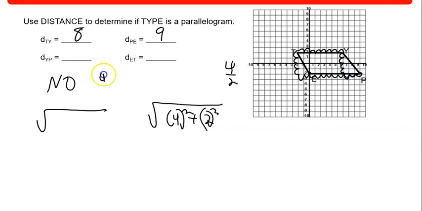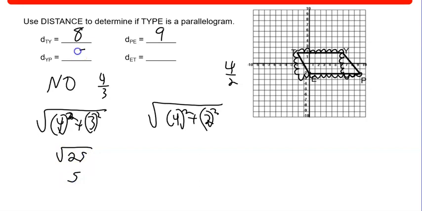So this one is 4 over 3. So that's going to be 4 squared plus 3 squared. So YP is going to be the square root of 16 plus 9, which is 25, or just 5. And this one is going to be square root of 16 plus 4, which is 20, which is 4 point something.